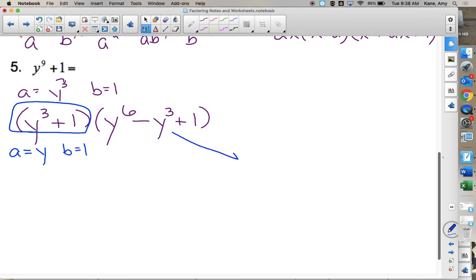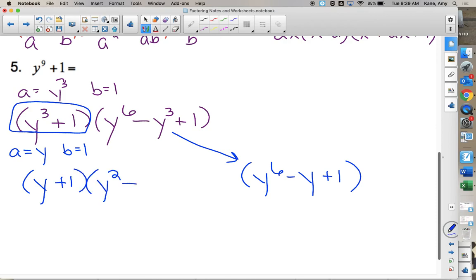This back part does not factor any further. It will always be prime. So you can just write that back part a second time. But the front part is factored one more step. A, same sign b, a squared, opposite, a times b, always plus, and then b squared. Make sure things are factored completely. Questions?